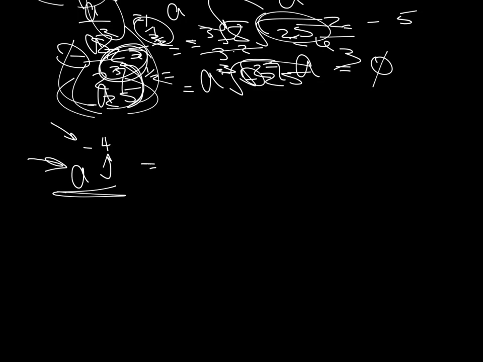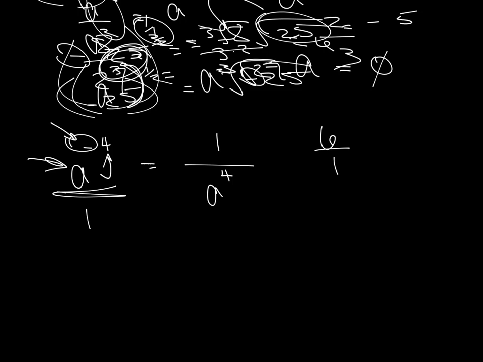If you write it as a fraction, it's a to the negative 4 over 1. But the negative sign tells me that my a and my 4 are in the wrong place, so I put them on the bottom so they're in the right place, and take the negative off. When there's nothing on top, you add a 1 there. It's just like if there's nothing on the bottom, you add a 1 there.